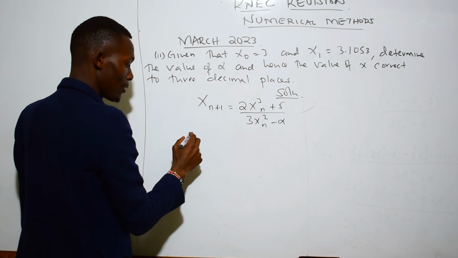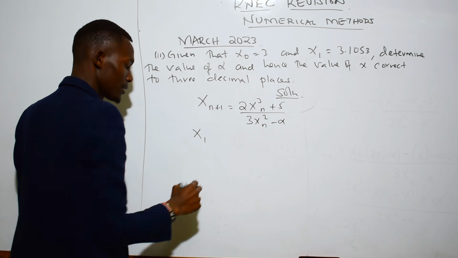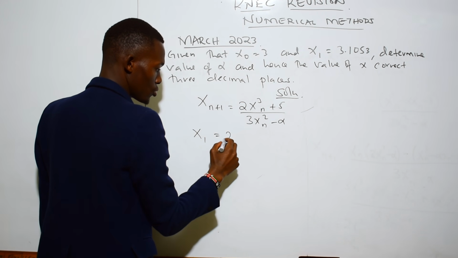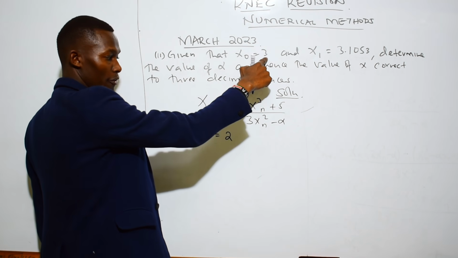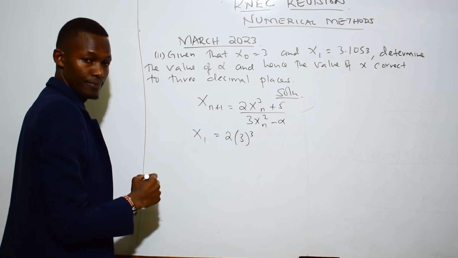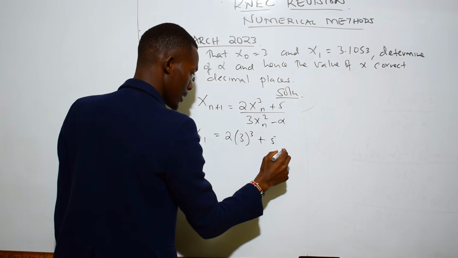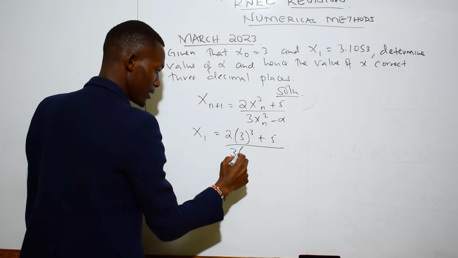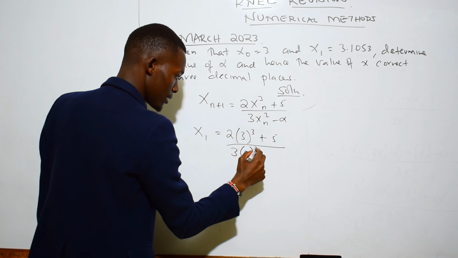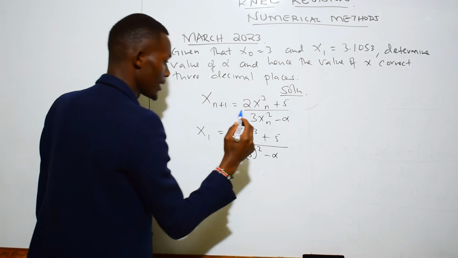So the value for x1 was to be given by 2, then taking the value of x0 here, so it will be 3, then cubed, then plus 5, right? Then we have 3. Then our first approximation here was 3. So 3, then squared, then minus alpha.